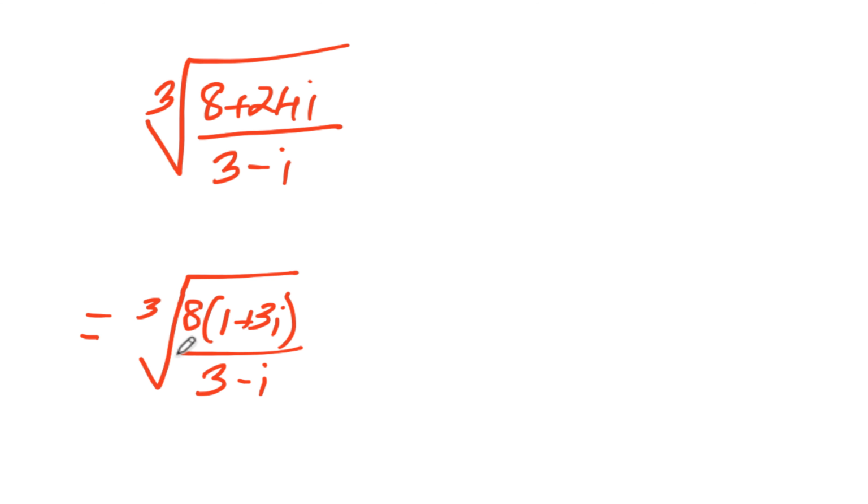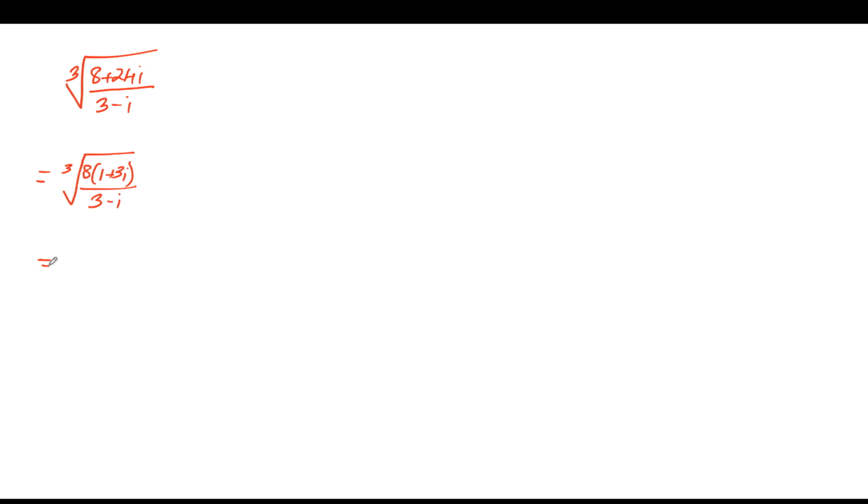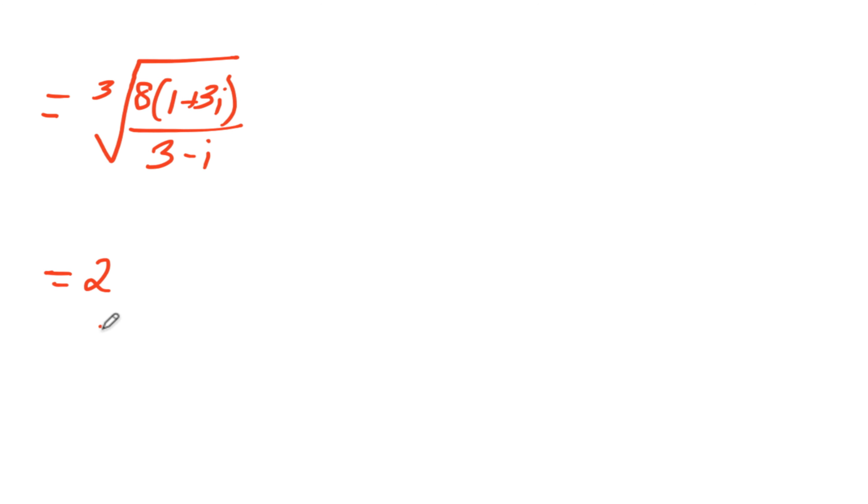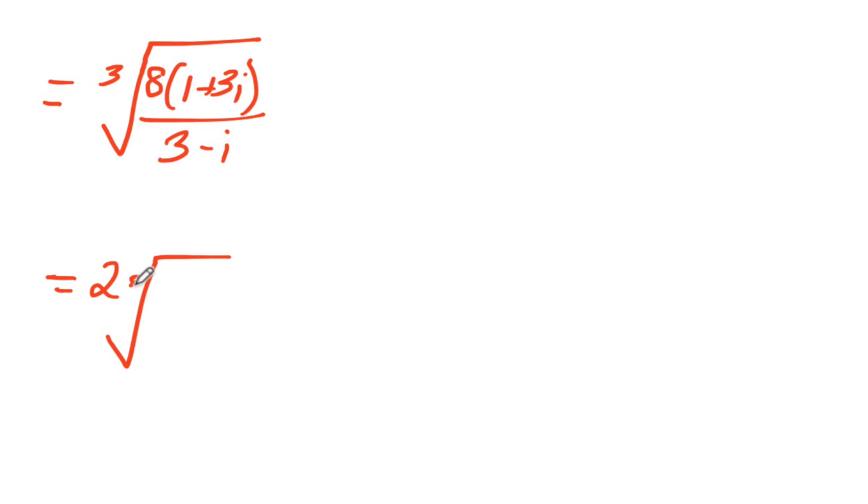Now obviously we know that 8 is basically the cube of 2, so we can surely take that out and we can write this as 2 into the cube root of 1 plus 3i divided by 3 minus i.